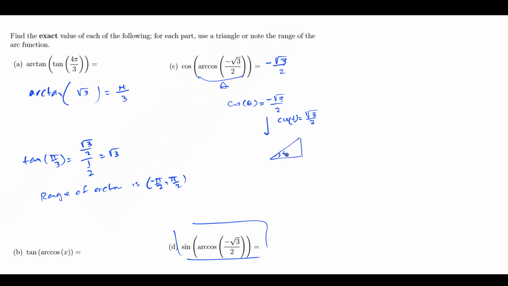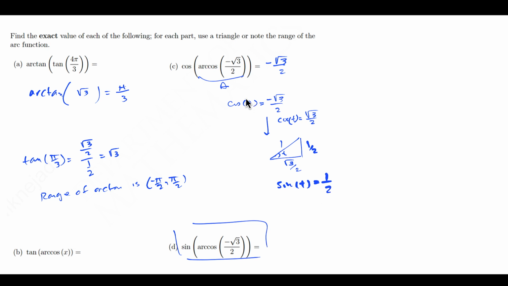So this is t. I have cosine over here, square root of 3 over 2, and 1. Then solve through the Pythagorean theorem, and you get a 1/2 over here. And then you know that sine of t is going to be 1/2.